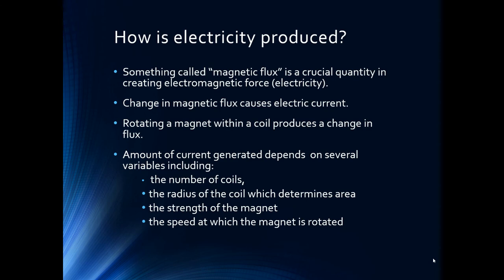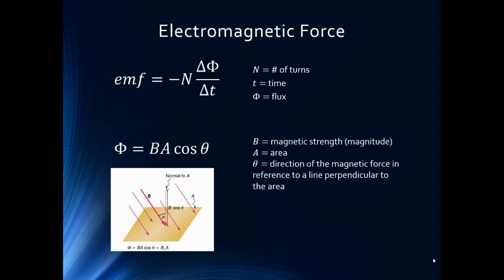There are several different variables going on there. You've got the number of coils, the radius of the coil, which determines the area over which the rotation occurs, the strength of the magnet, and then the speed at which the magnet is rotated. The faster it's rotated, the more electricity is created.